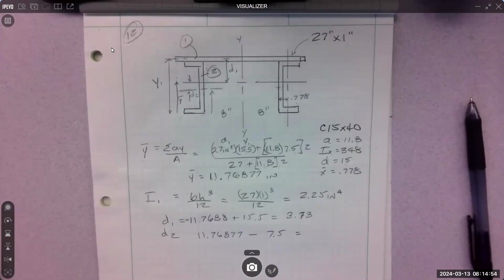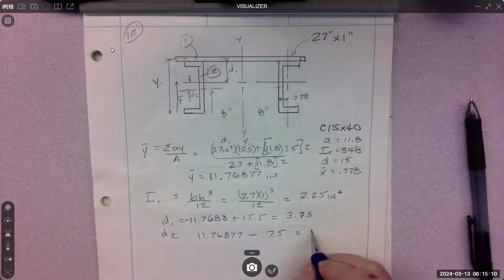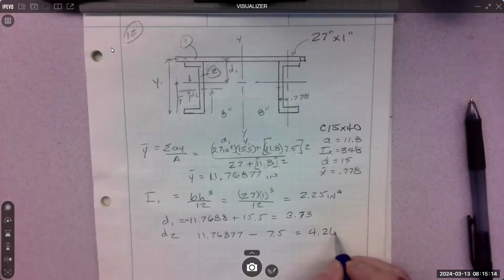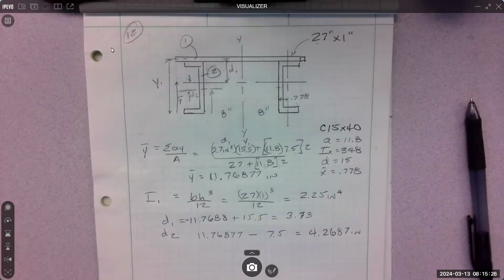What do we get for that? Yep, 4.2687. Everyone okay with those numbers?